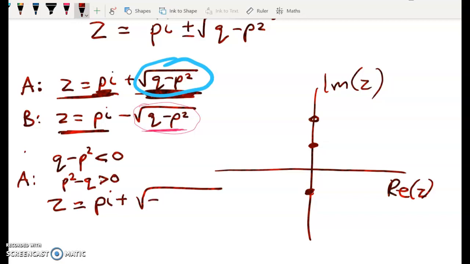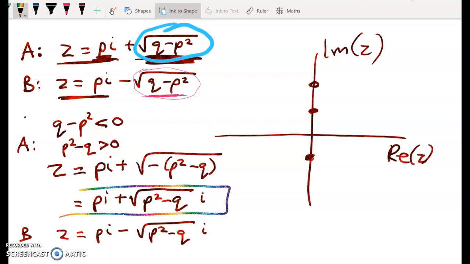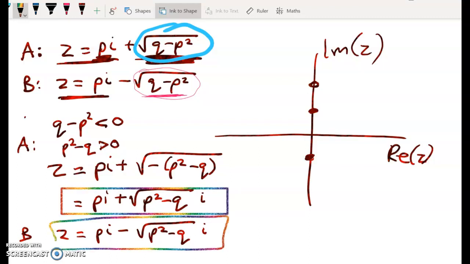So we can rewrite this as pi plus the square root of p squared minus q, times i. So that's my first root. And then for B, I'm going to get z is equal to pi minus the square root of p squared minus q, times i. And that's going to generate me two distinct points. So my first point here and my second point here.